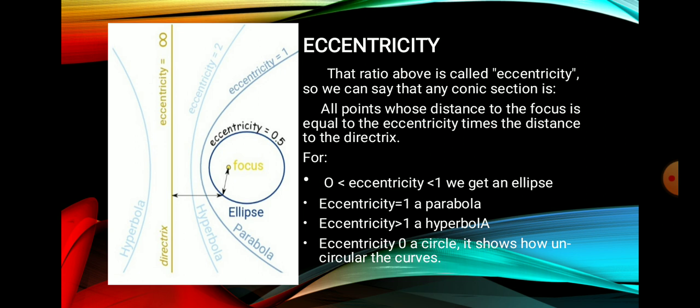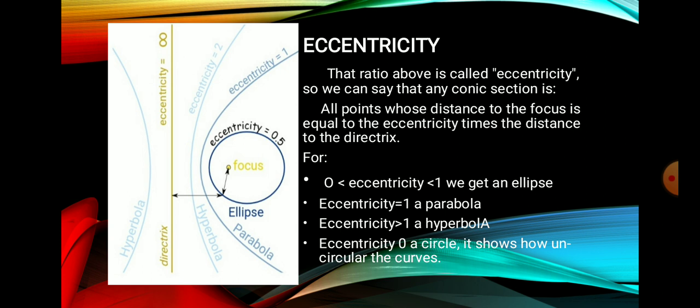Eccentricity: that ratio above is called eccentricity. So we can say that any conic section is all points whose distance to the focus is equal to the eccentricity times the distance to the directrix. For eccentricity between 0 and 1, we get an ellipse.